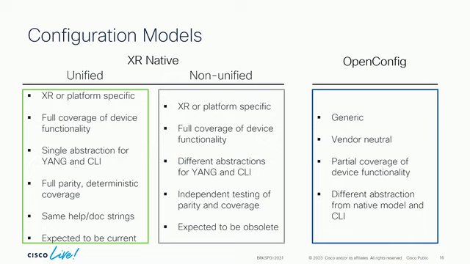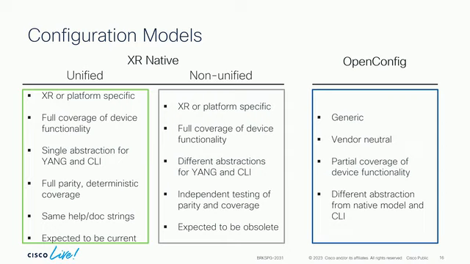As I mentioned, we have native models, and initially we started with non-unified models. This project began in 2015, and with non-unified models, there was a different abstraction for YANG and CLI. So it took us a while to adapt to the new proper structure for unified, because we were learning as well, just like how to make it properly.